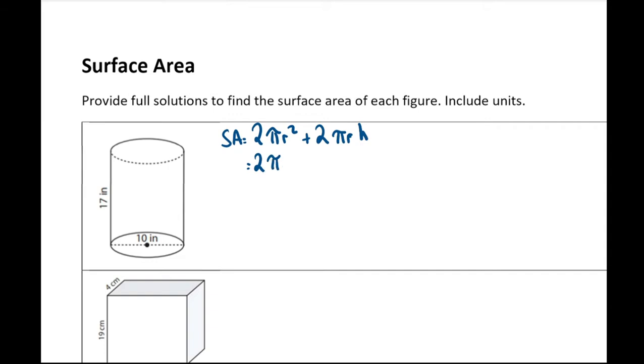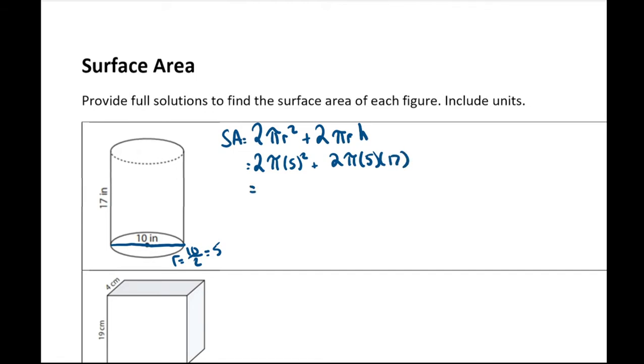So again, this is the diameter, so the radius is 10 divided by 2, which is 5. So 5 squared, plus 2 times pi times 5 times the height, which is 17.